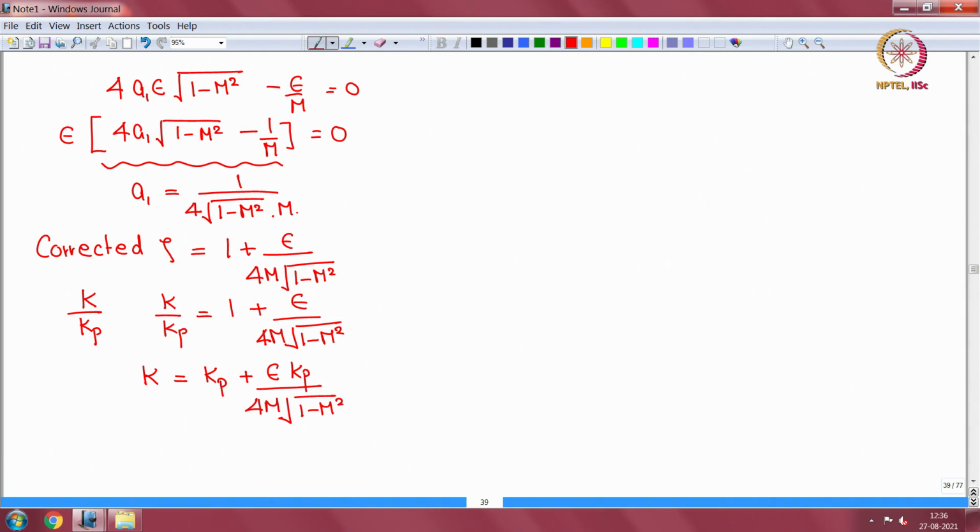I forgot to mention in the beginning that we are trying to find the roots of this non-dimensional denominator. As the first cut, we will do it for m less than 1, or k0 by kp less than 1, which means below coincidence. So first we are doing it below coincidence.